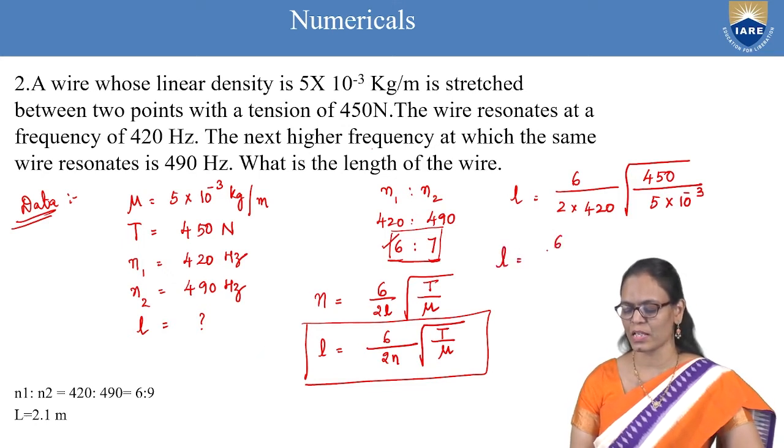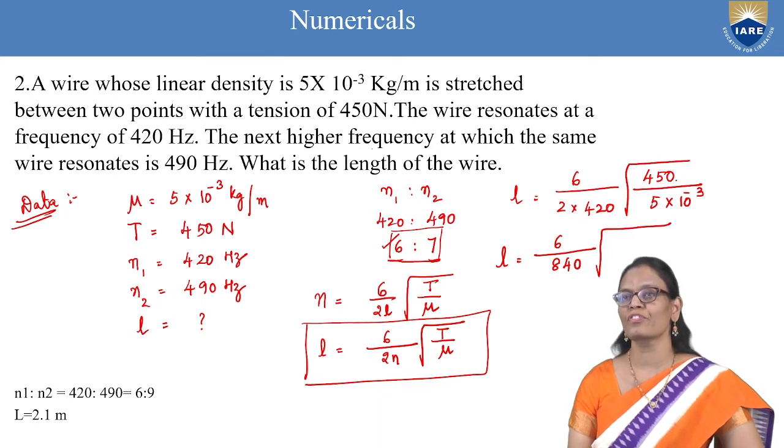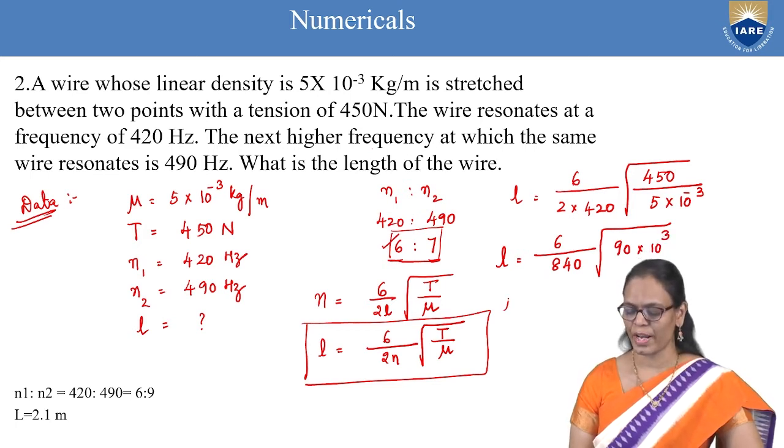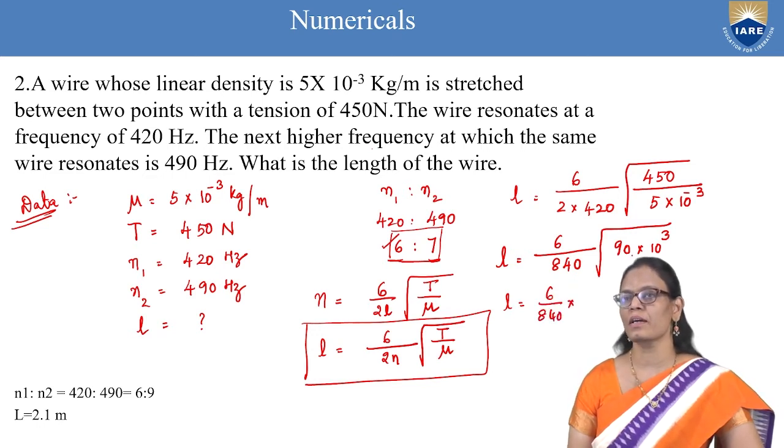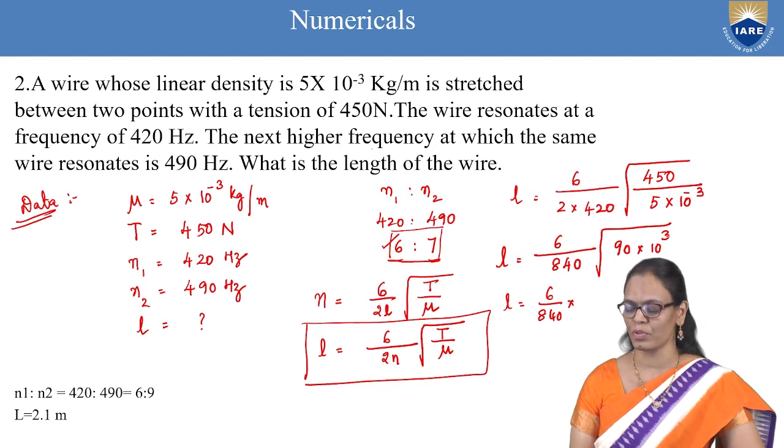L is equal to 6 upon 840 under root 450 by 5, which will give us 90 into 10 power 3 if I take that to the numerator. So L will be equal to 6 upon 840 into, this is under root 9 into 10 power 4.